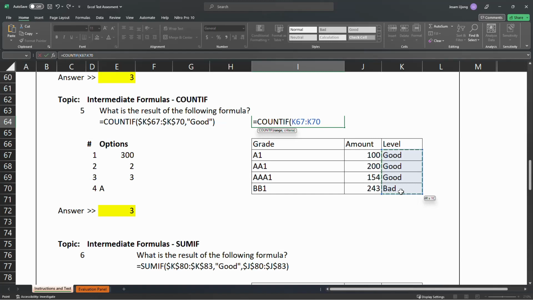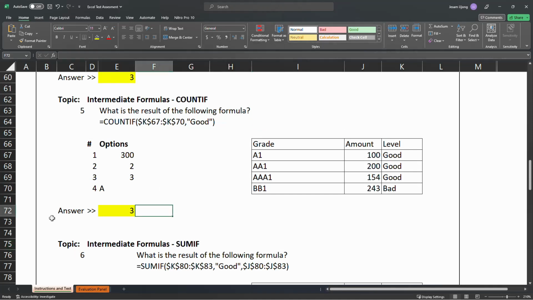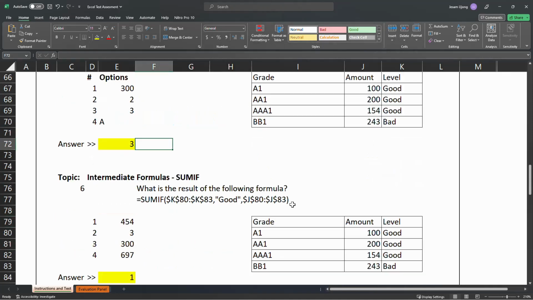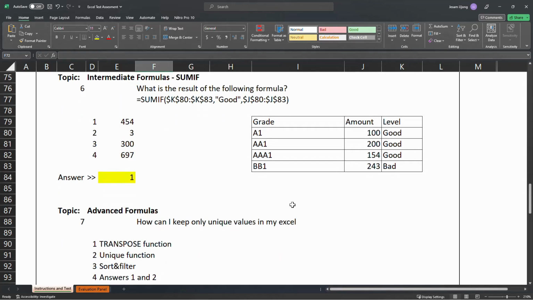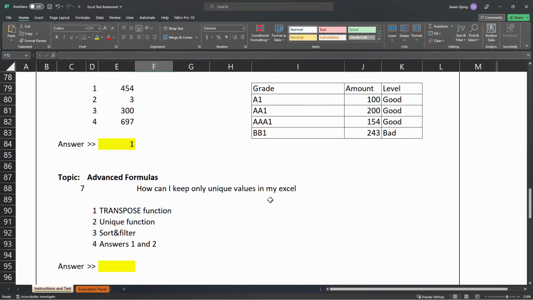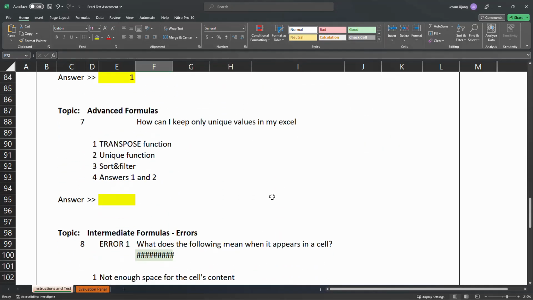It's like saying, in this range, count good. For every good in this range, I want a count of it. Range and criteria, straightforward, and it gives us 3. It's just a refresher.